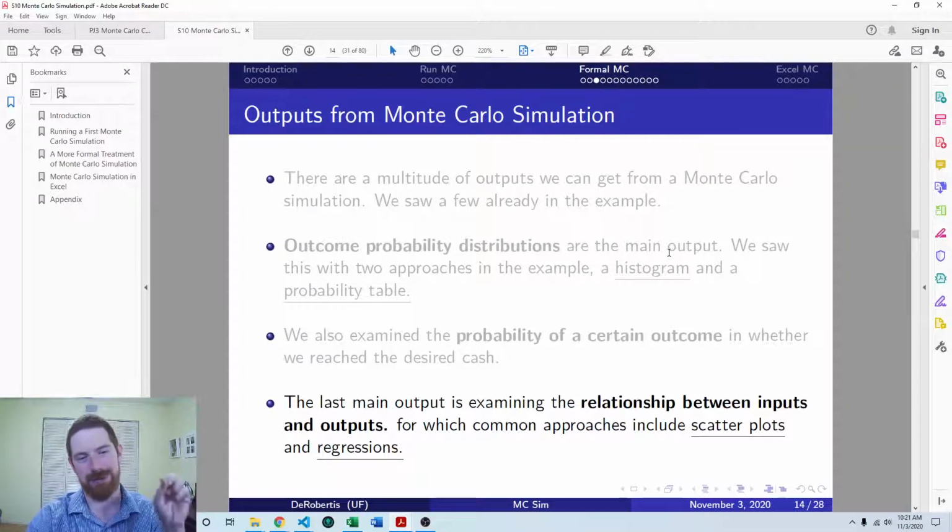We can get at the same kinds of questions with Monte Carlo simulation, trying to understand how the inputs affect the outputs. To analyze this, the two main methods that we'll look at are visualizing it via a scatter plot and using a multivariate regression to get at it quantitatively.